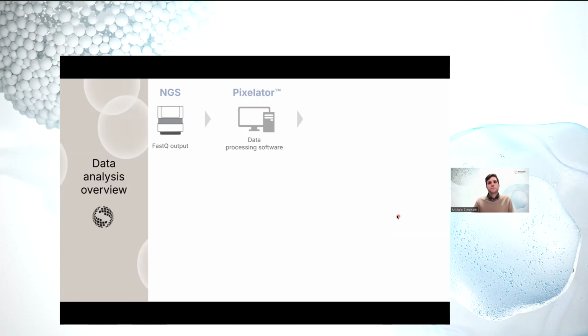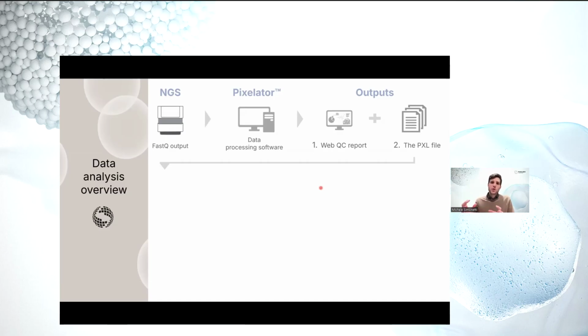So after having fed Pixelator with our NGS FASTQ file output, you will be getting 2 different outputs from the software. First is a WebQC report, which contains the basic information regarding the statistics of the run, for example, and then the pixel file.